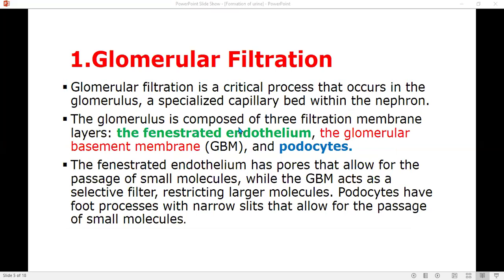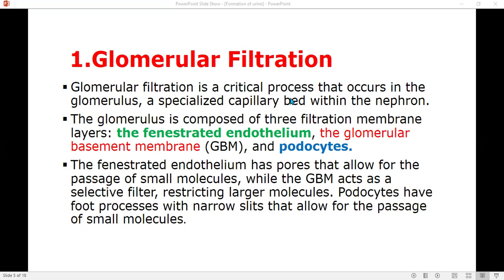It is a critical process that occurs in the glomerulus, a specialized capillary bed within the nephron. The glomerulus is composed of three filtration membranes, which help it to filter the substance from blood to go into the tube. So if you mention these three filtration membranes on the glomerular filtration, you already have marks.